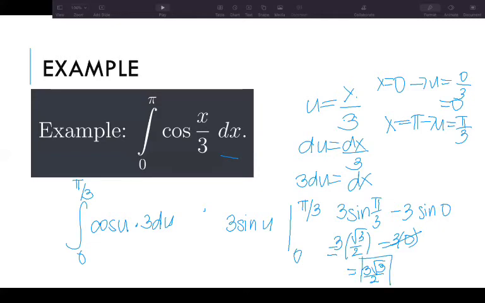And this is for trigonometric functions. But what if it's exponential functions instead? The next problem will give you the exact situation.